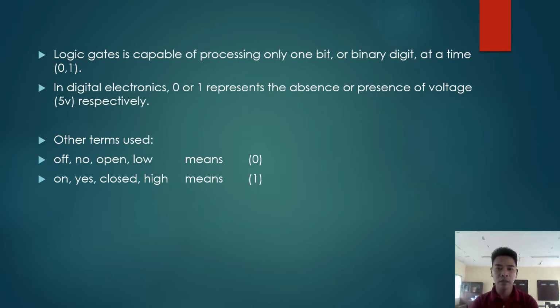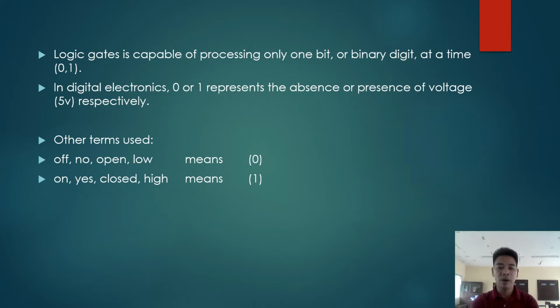In digital electronics, 1 or 0 represents the presence or absence of voltage, respectively. When you see 0, it means absence, and 1 means presence of voltage, which is always equal to 5 volts.